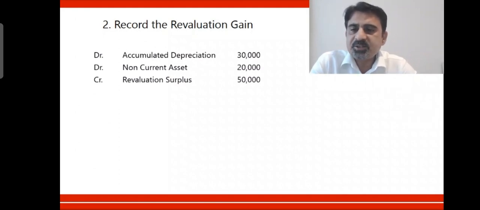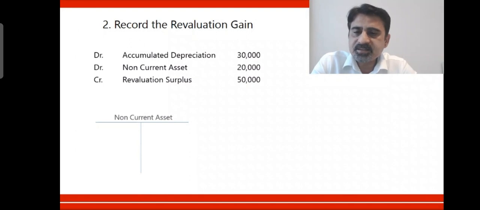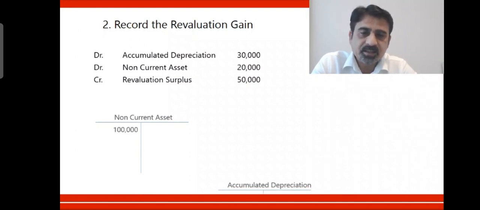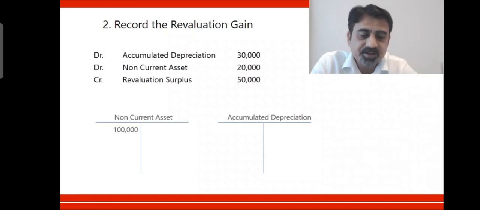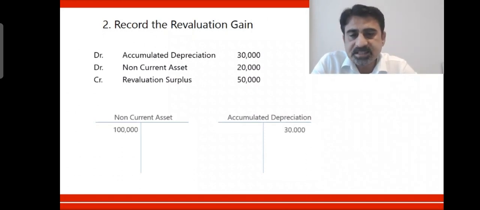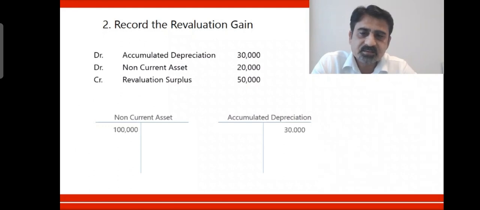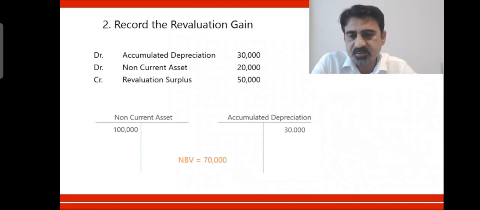So we had non-current asset which is showing 100,000 as cost, and then we have accumulated depreciation which shows 30,000 on the credit side, and this gives us the non-current asset debit minus accumulated depreciation 30,000. The net book value 70,000 is given to us.